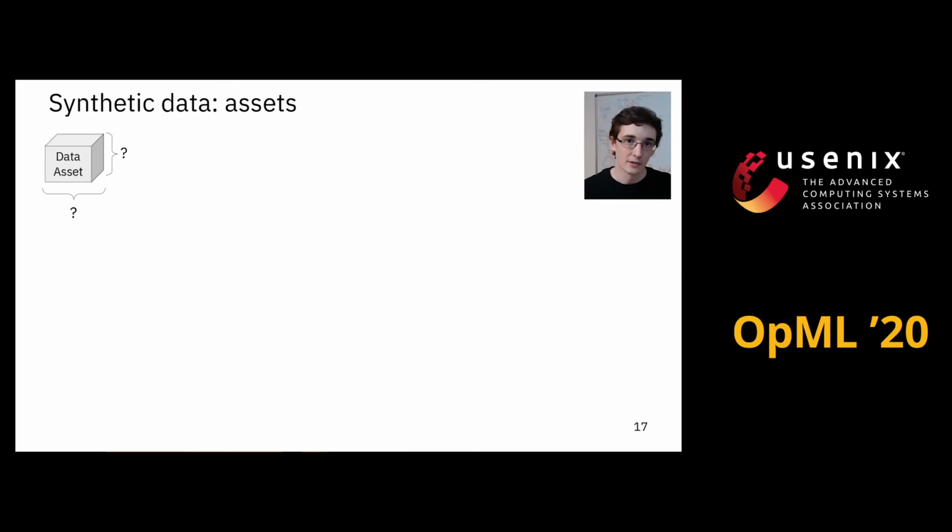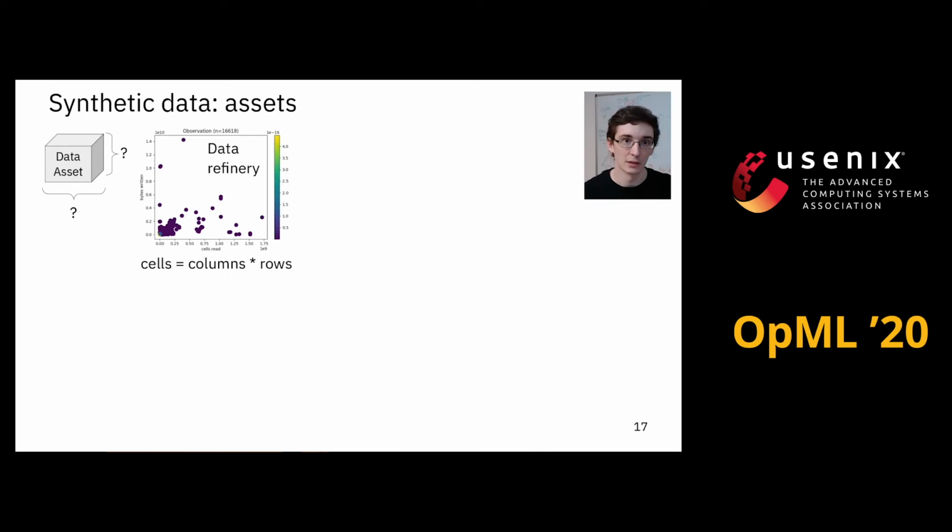To create a synthetic data asset at runtime, we really just wanted to sample from the parameter space. So we abstracted data assets down to three properties, basically columns, rows, and the size of the data asset in bytes. The graph shows data from Data Refinery, which was the data processing platform of Watson Machine Learning.